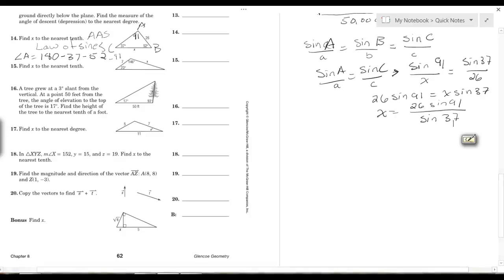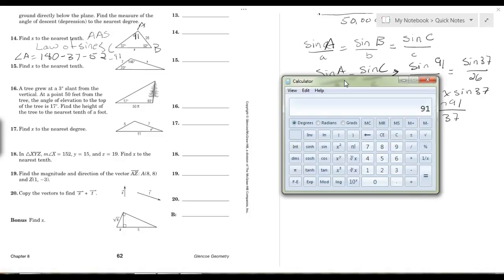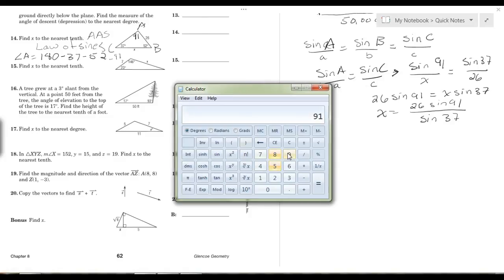So I'm going to go ahead and put that into my calculator. Move my calculator over. So again, my calculator, I have to put things in weirdly. So I'm going to do 91, which was already there if I wanted it, the sine of it. And then I'm going to multiply that answer by 26. So I get this 25.99.